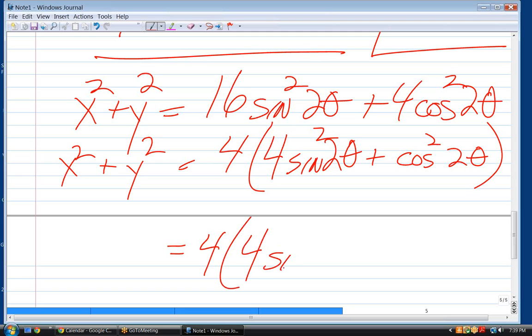Well, sine squared, let's see, the sine of 2 theta is 2 sine theta cosine theta, the double angle formula for sine.